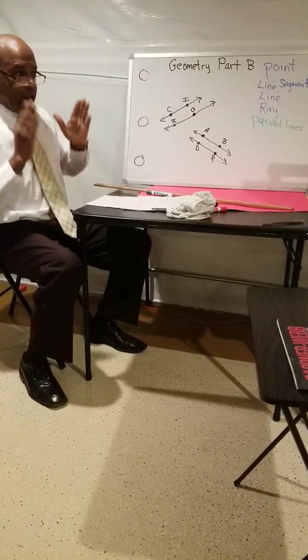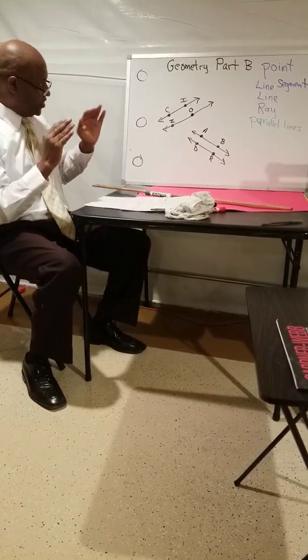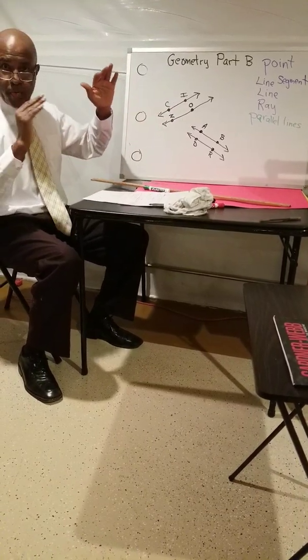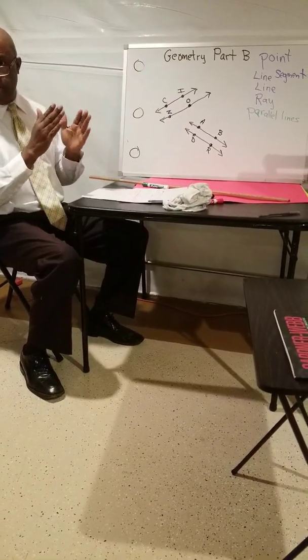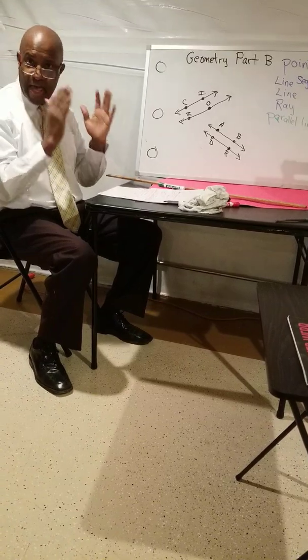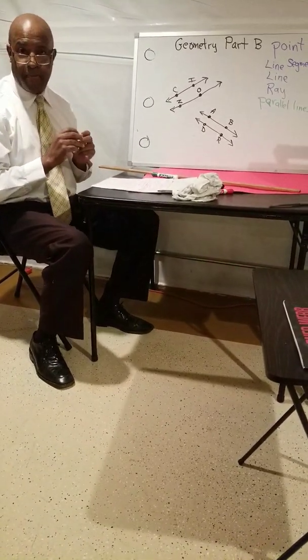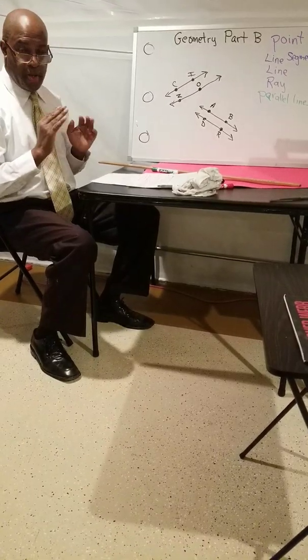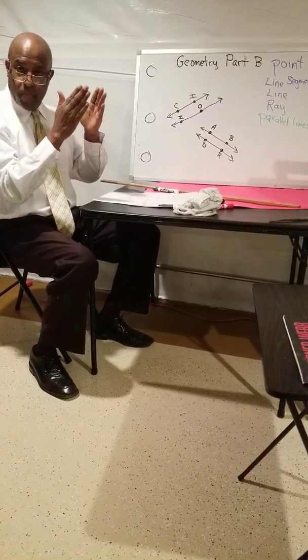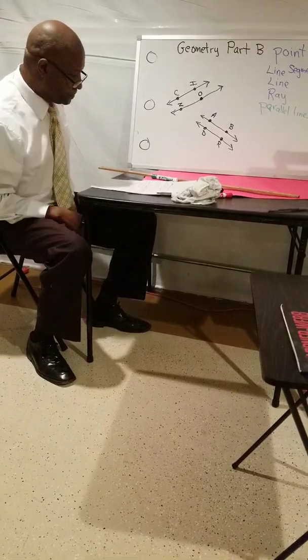That means, boys and girls, I don't care if you spread them out 12 inches or 12 million inches, those two lines will never, ever, ever touch. That's what's so significant about parallel lines. Those two lines will never touch, they will never meet, okay?